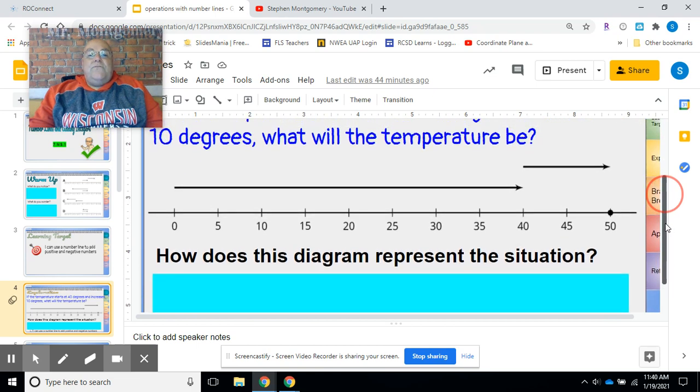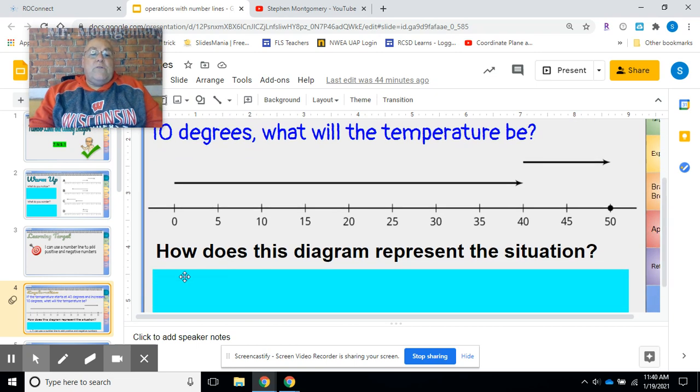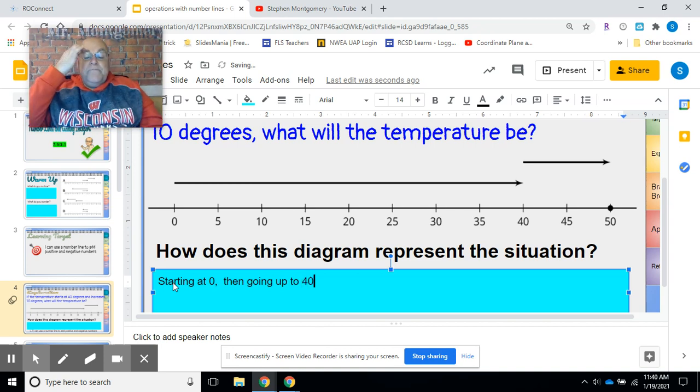Well, if you look at this first number of degrees, it's a positive. So it starts out by representing it by starting at 0, then going up to 40 because of it being positive. So that represents our first situation.